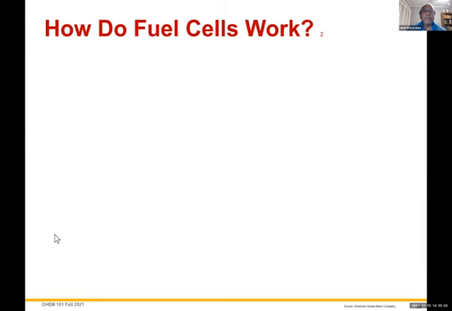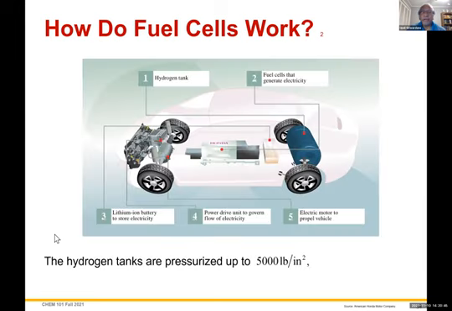How does the fuel cell work? The fuel cells need hydrogen. You follow this line, hydrogen tank. Let me see where the hydrogen tank is. The hydrogen tank is on the top right corner. That is the tank here.